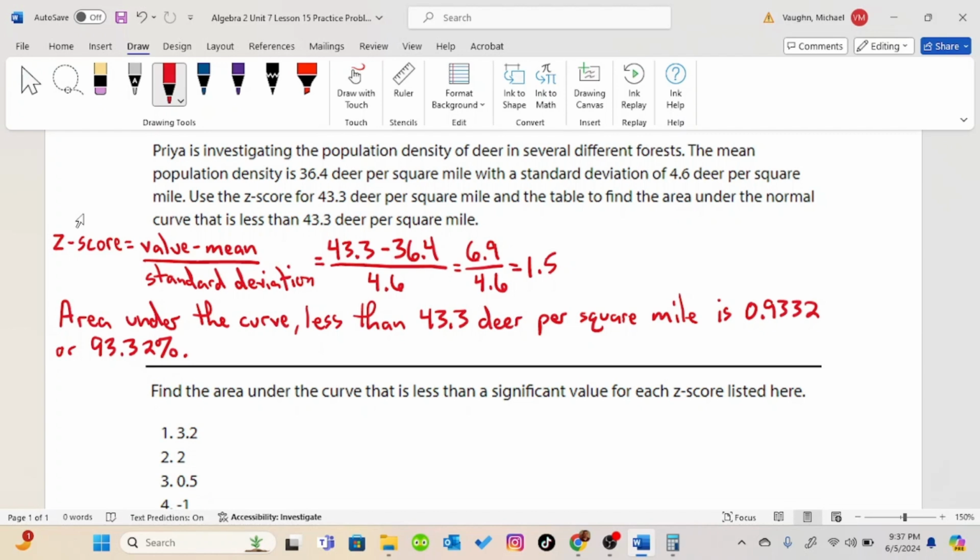If you have any questions about how to calculate a z-score or how to use a z-score table to find the corresponding area under the curve, please ask for clarification now before we move on to our last practice problem.